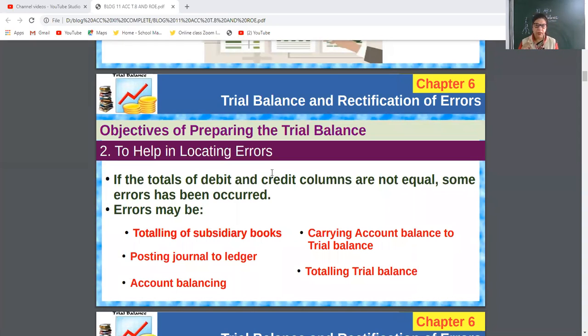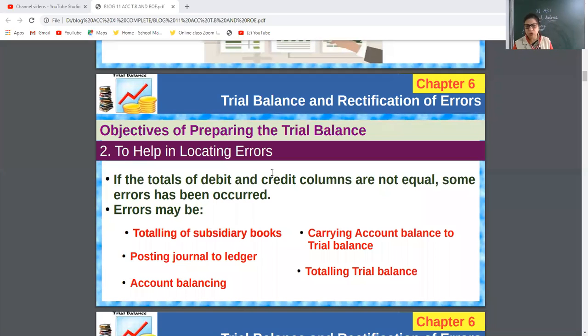It means there is some error. If the total of debit and credit is not equal, then it is showing that there is some mistake in general, in ledger, in subsidiary books.